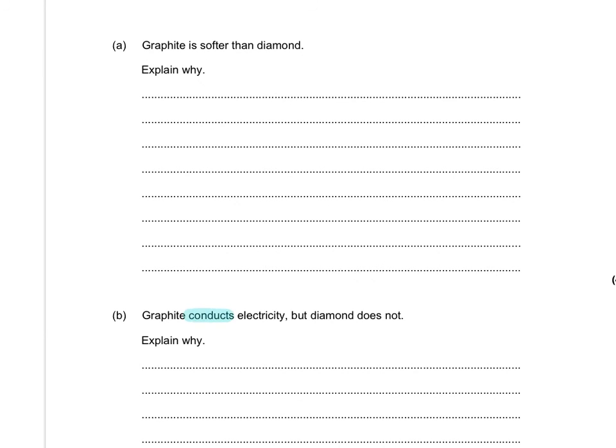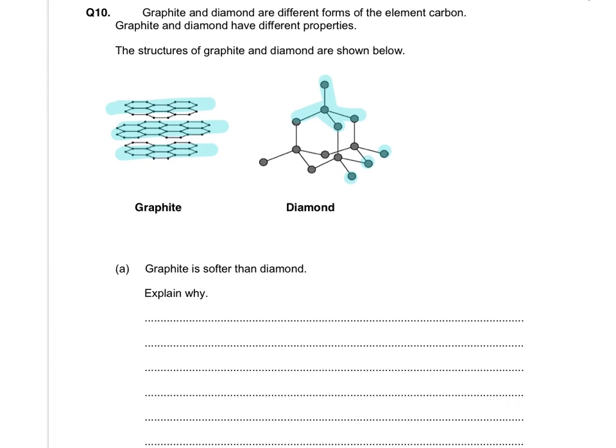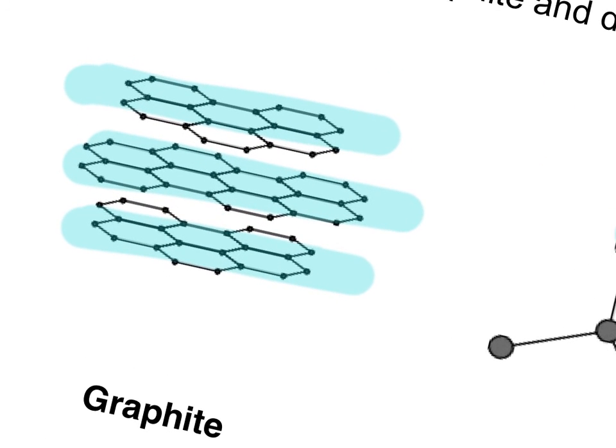This one's about conduction, and again, you want to refer back to the two different diagrams. So in your graphite, you have got 3 bonds around every carbon. Carbon's in group 4, it's got 4 electrons, so if there's only 3 bonds, there is 1 free electron in graphite.